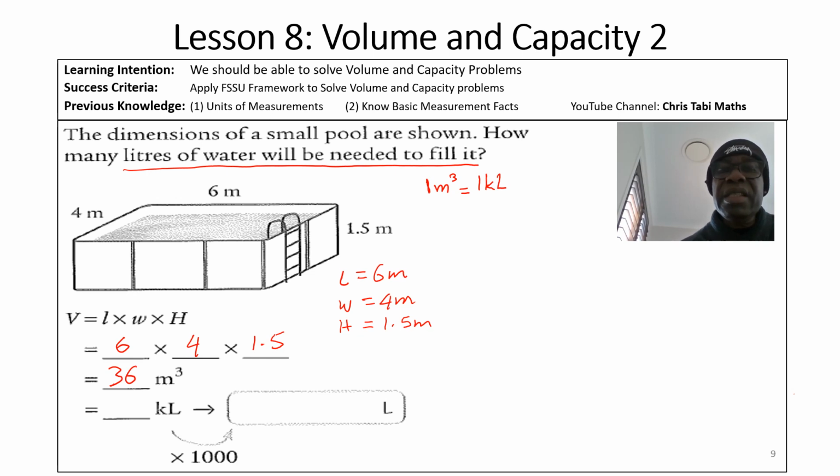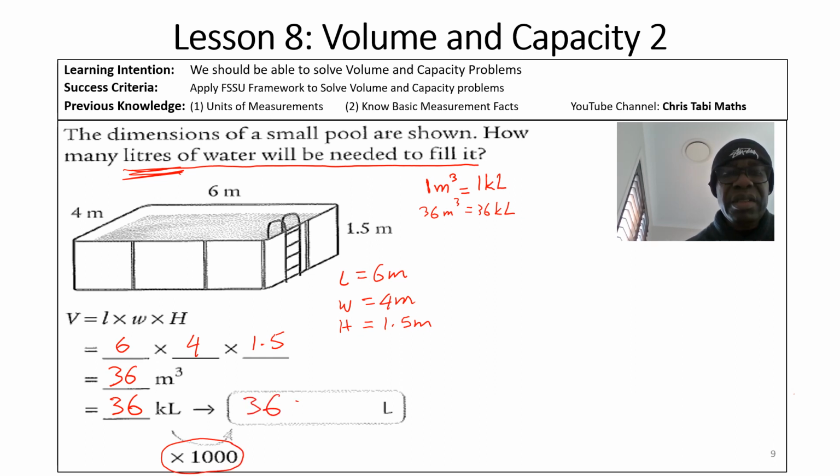So 36 cubic meters is simply 36 kiloliters. Now we want liters, so all that we need to do is to multiply by 1000.